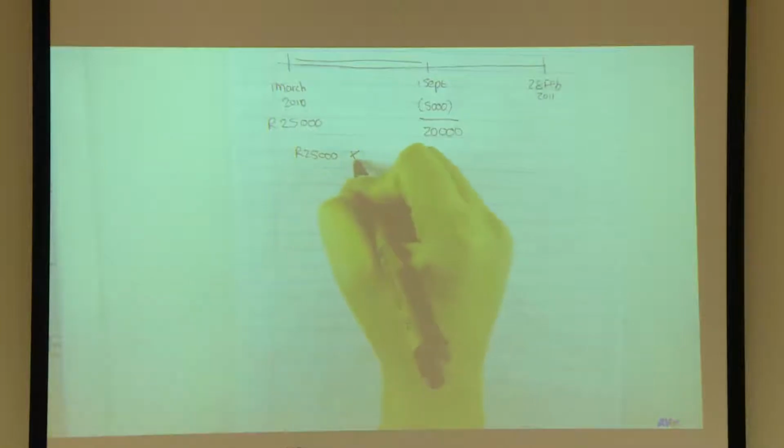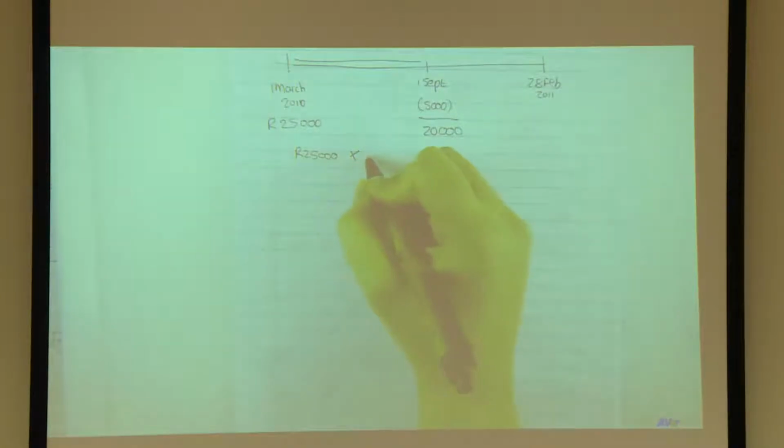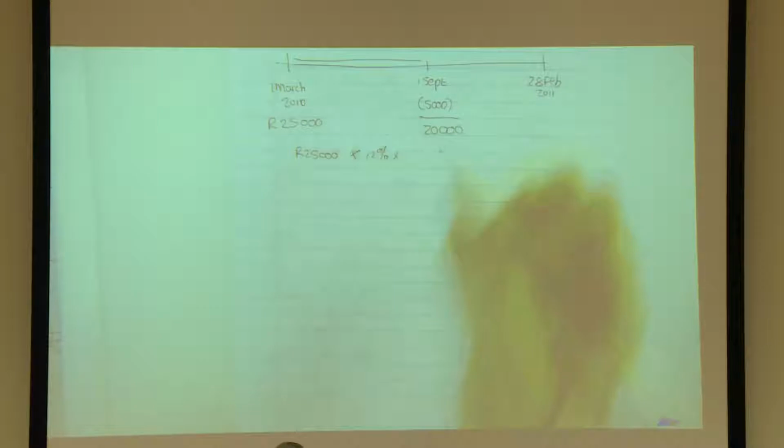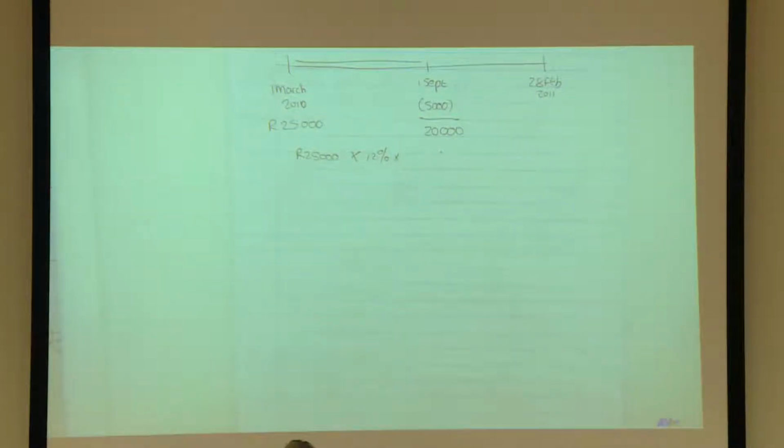at 12% for how many months? From March until September is how many months?